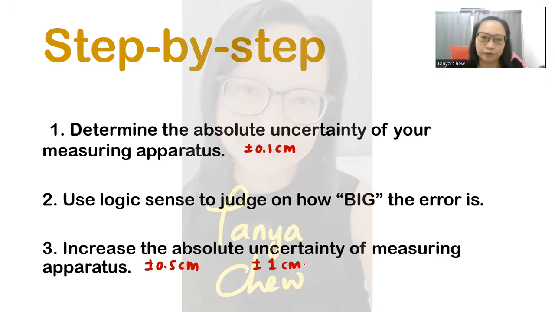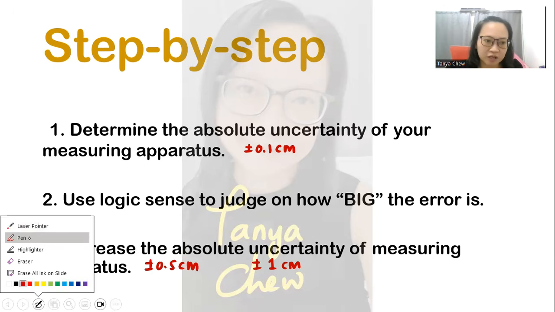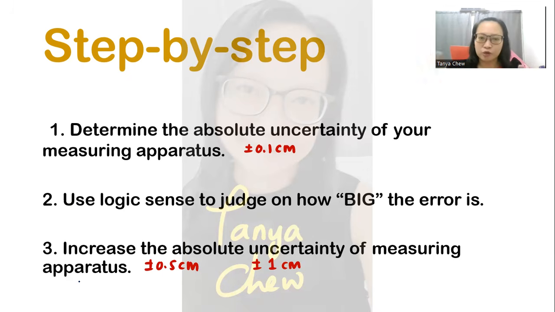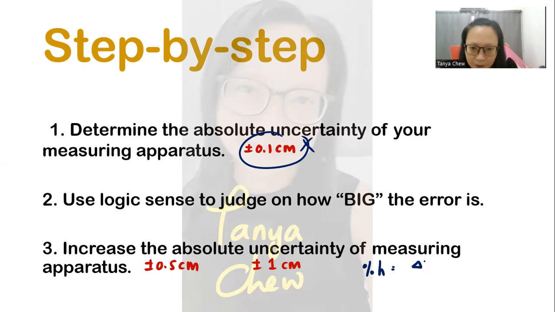This is absolutely wrong. So when they ask you to estimate the percentage uncertainty, they're asking you to estimate the absolute uncertainty first. And you cannot put your absolute uncertainty as the smallest division anymore, because this question number 2 is full of errors. So you need to increase your absolute uncertainty. So if I want to find the percentage uncertainty of the rebound height, I just put H. So it is delta H over H times 100%.